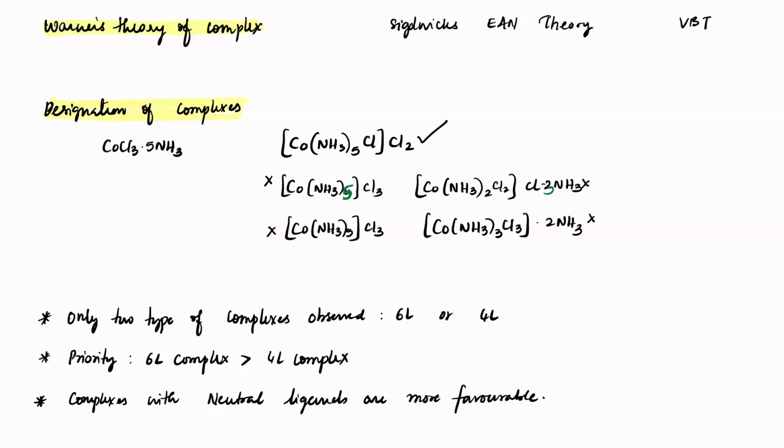So cobalt generally makes a 6 ligand complex when you have sufficient number of ammonia molecules or neutral molecules. Since there are five, I just need to borrow one more. That can be borrowed from one chlorine to complete the coordination number as six. And the rest of the chlorines, any charge present, will always remain outside the complex. So this was the idea Werner's theory suggests.